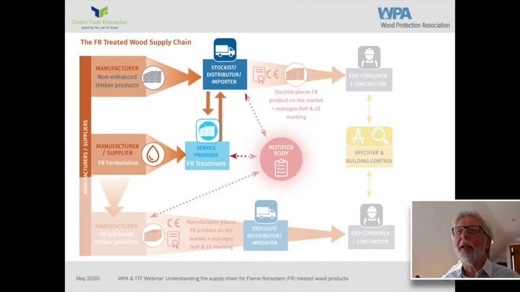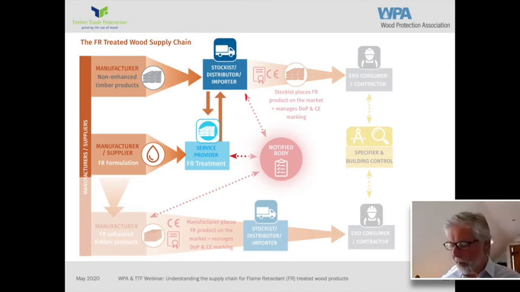Going back to the top left, if the UK stockist distributor importer of the timber product that does not have FR enhancement wants to add that enhancement in order to satisfy an order, they need to employ a third party treatment service provider.